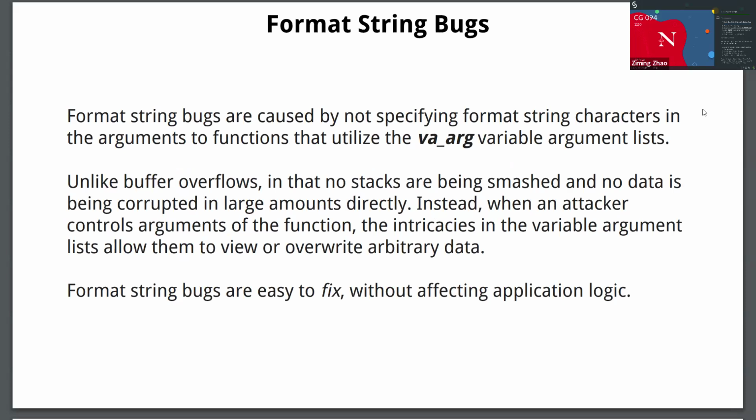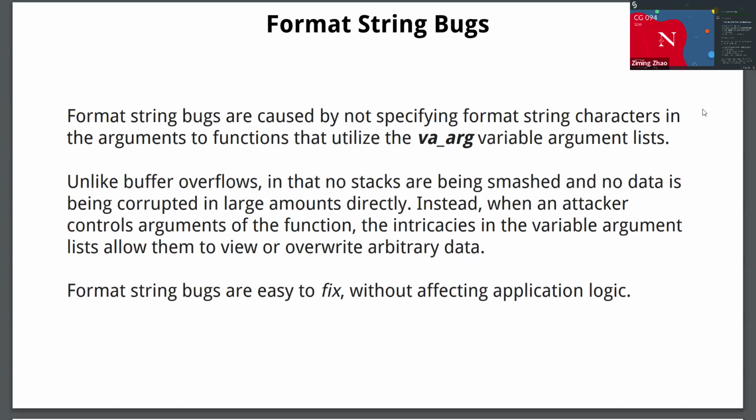The fundamental cause of this bug is that the format string uses a C standard feature called the variable argument list, or VA_arg. Using this feature, you can develop functions that take different numbers of parameters.